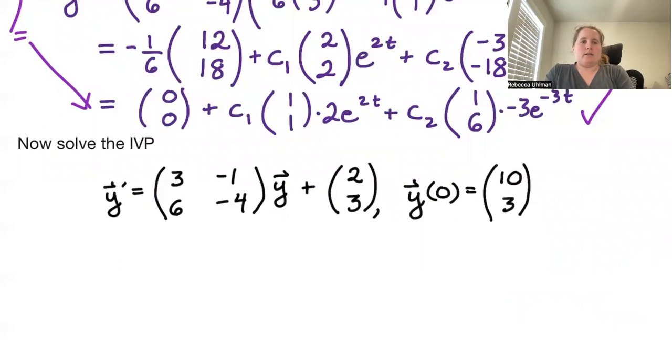Next up, let's go ahead and solve the IVP. So this is the same equation. We just now have given ourselves the initial condition y of 0 is equal to 10, 3.